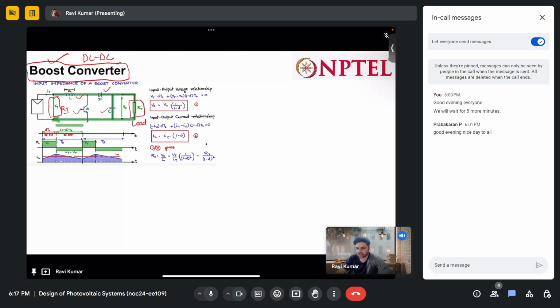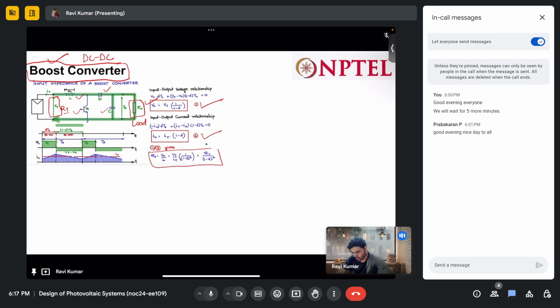Important are the relations. For this boost converter, the V output towards the load will be related to this VT. VT means voltage across the terminal. So this is the equation which relates this VT with the V naught. Similarly for IT, then using these 1 and 2, we can get the relation between this RT and R naught.